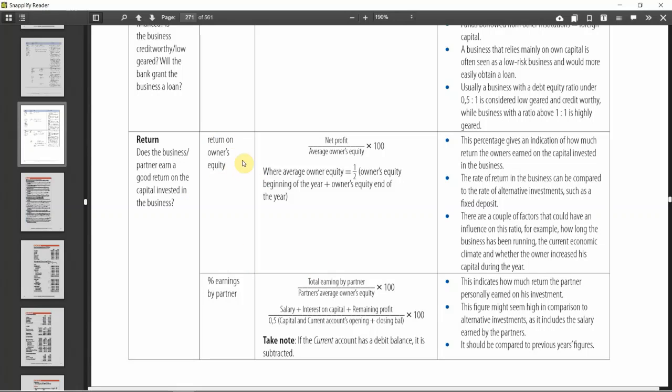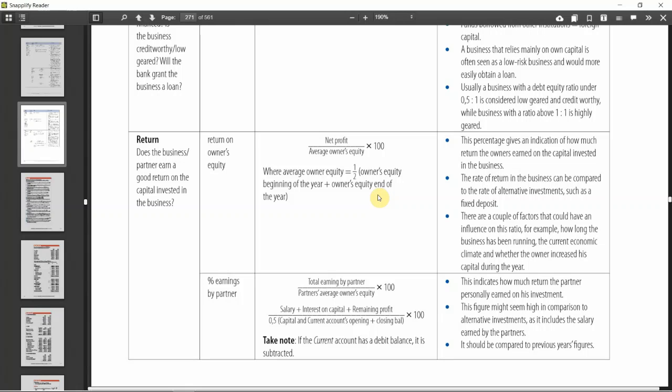So first, let's look at the return on owner's equity as a whole. This is basically exactly what it says, because return, as we said, is the net profit. So we find the bottom line of the income statement, which is net profit, and we divide it by the average owner's equity, where average owner's equity is the owner's equity at the beginning of the year plus the owner's equity at the end of the year.